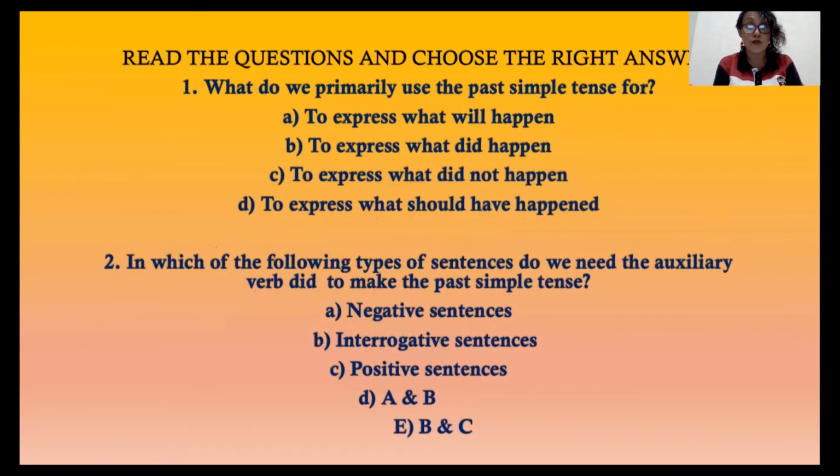I hope you were right. What do we primarily use the past simple tense for? To express what did happen, okay? And we are going to use did in A and B. When we talk about negative and interrogative, we are going to use did, okay?